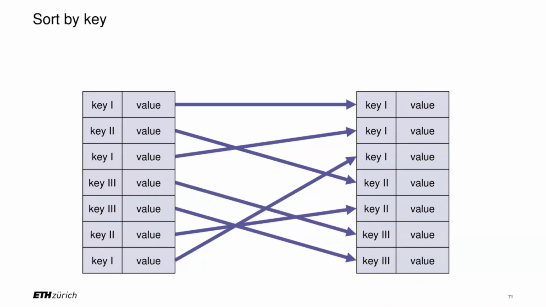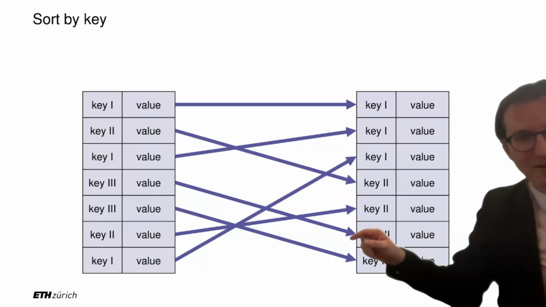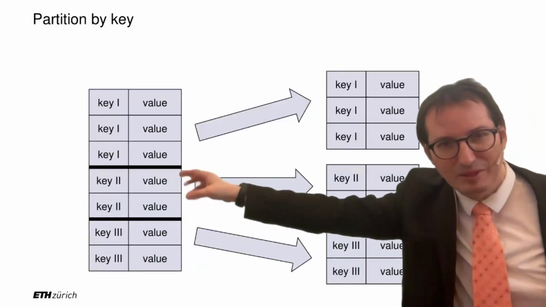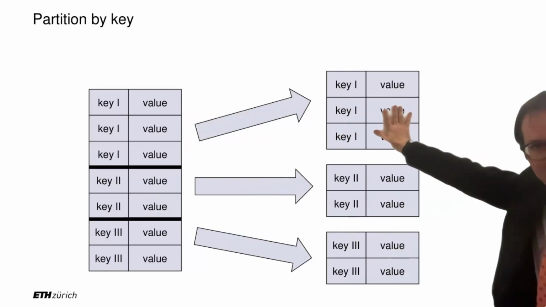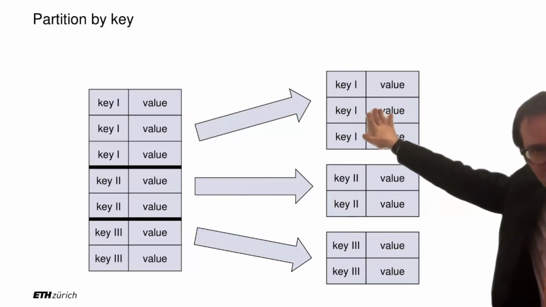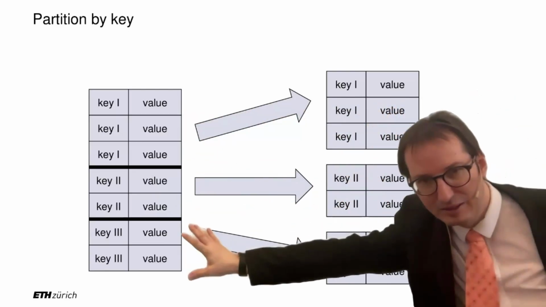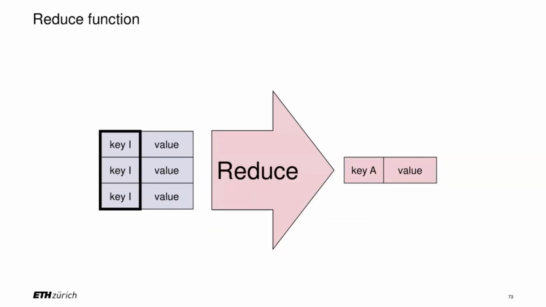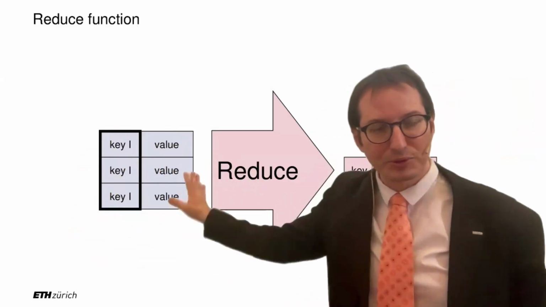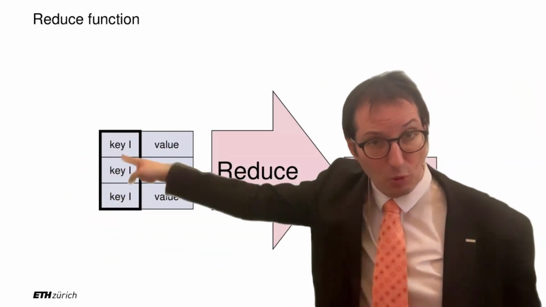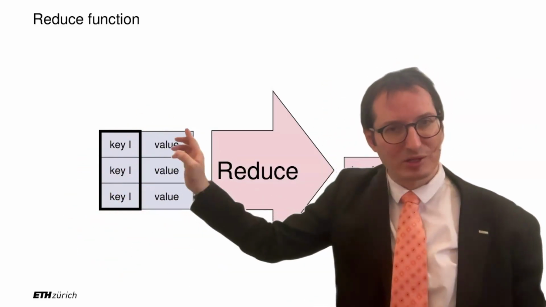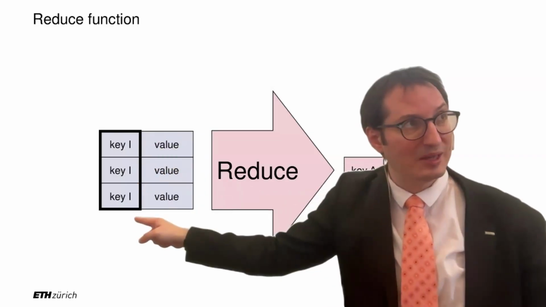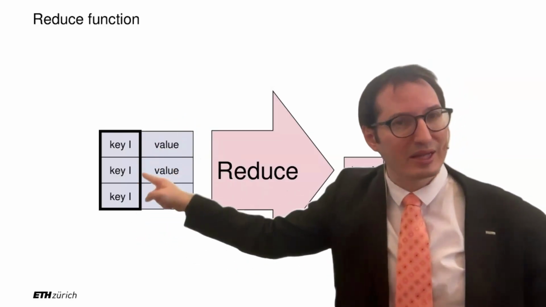So I sort it. After having sorted it, I partition it by key, meaning that all the key 1s, I take them in a single batch in here, then key 2, another one, then key 3, another one, right? So far, so good. Then, for every one of these groups of intermediate key value pairs that all have the same key, what's very important is that they all have the same key, and it's everything that has that key.